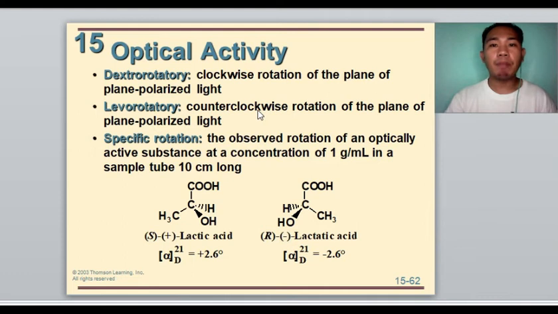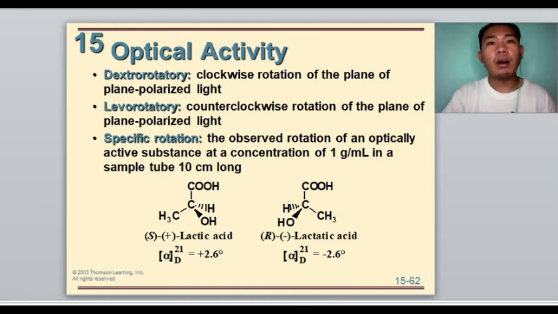Each member of a pair of enantiomers rotates the plane of polarized light by the same number of degrees, but in opposite directions. If one enantiomer is dextrorotatory, the other is levorotatory. Thus, racemic mixtures as well as achiral compounds do not display optical activity.